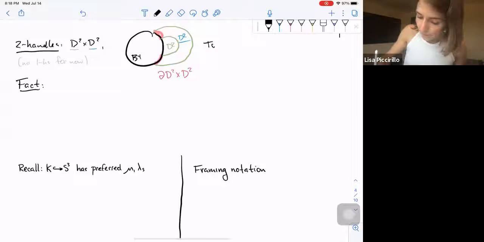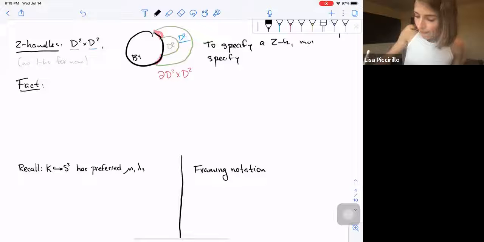So to specify a two handle, what you really need to specify is a homeomorphism phi from this attaching region, which is an S1 times D2, into, well, the boundary of whatever space you're trying to attach your two handle to.